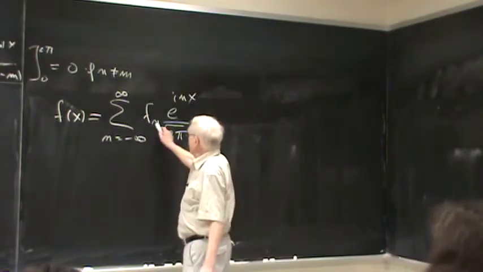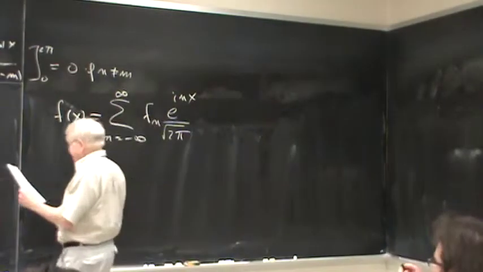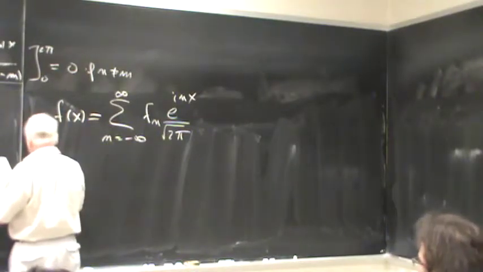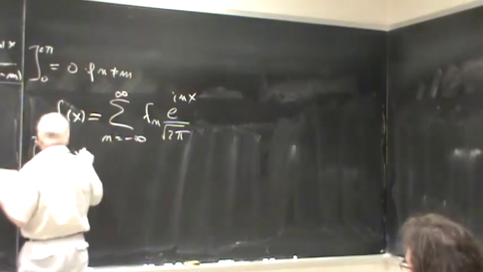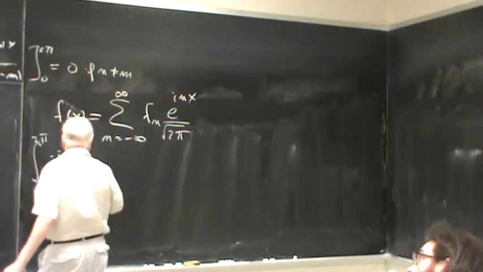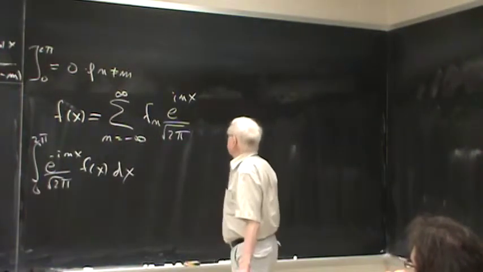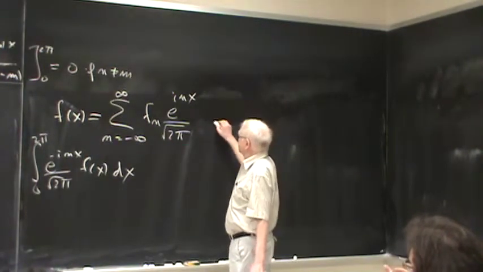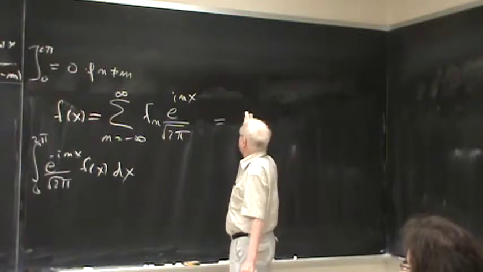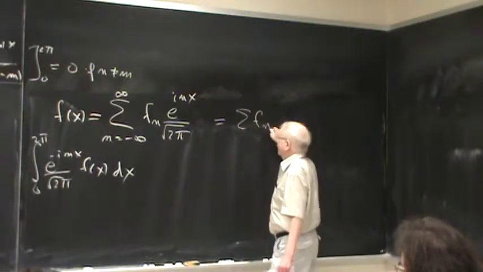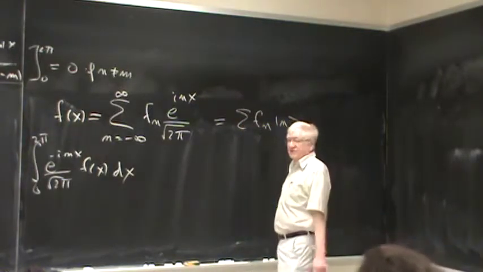Okay, now to find out what these coefficients are, well, a good guess is to write the integral from 0 to 2 pi of e to the minus i n x over square root of 2 pi times f of x dx. So this thing is kind of like that, right?